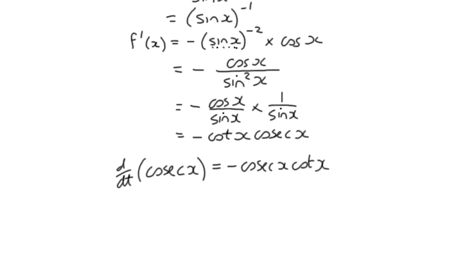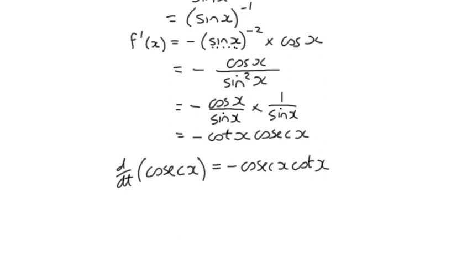Which means that the derivative of cosec x is negative cosec x cot x. I usually write it down with the cosec x first for some reason, but it doesn't matter which way around it is, that's our derivative there.